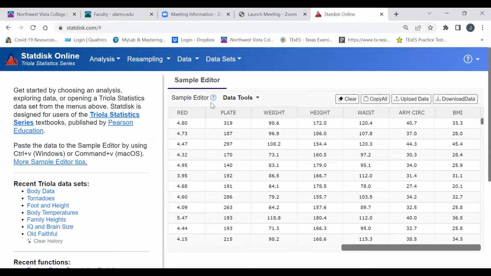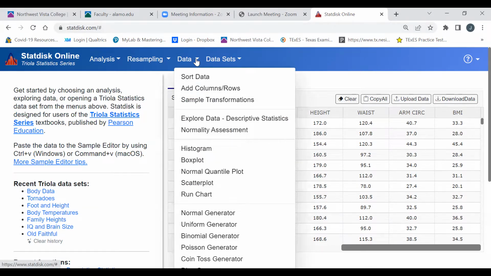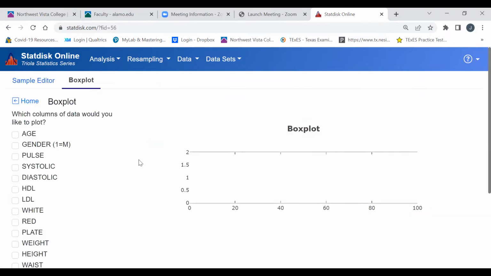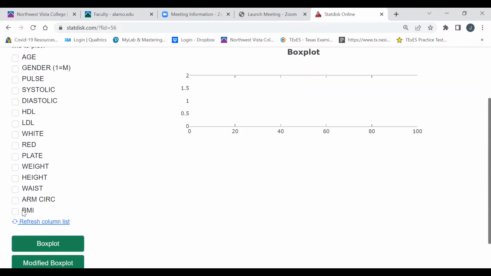All right, so here's what you do. You got your data sets up. You're gonna click on data. You're gonna click on box plot. Okay, and you're gonna pick which column did you want to do a box plot on. I want to do a box plot on my BMI, and I'm going to hit box plot.